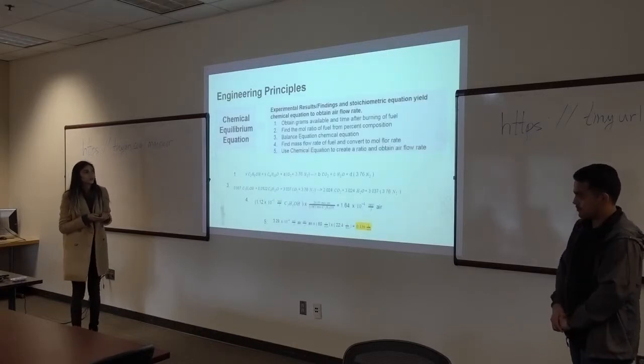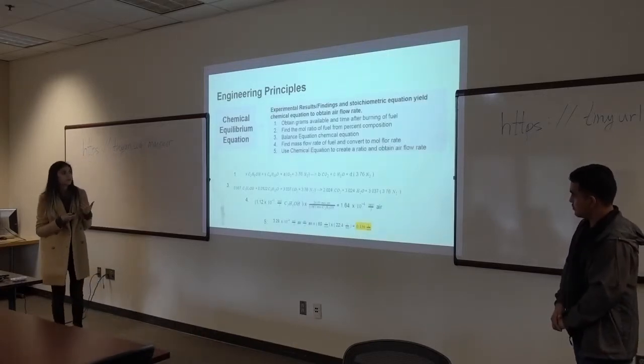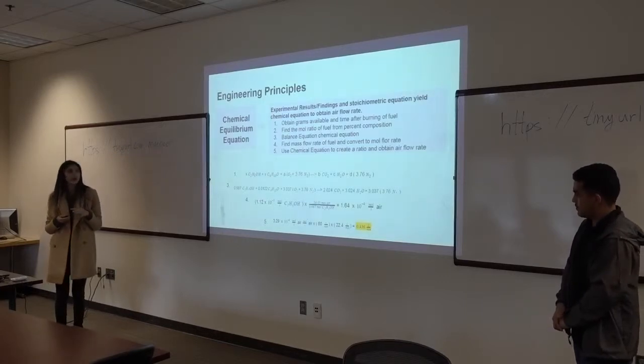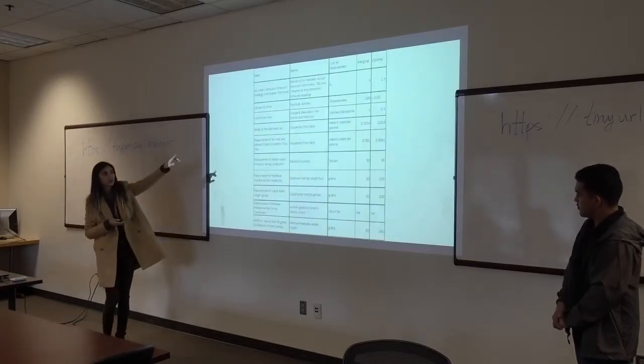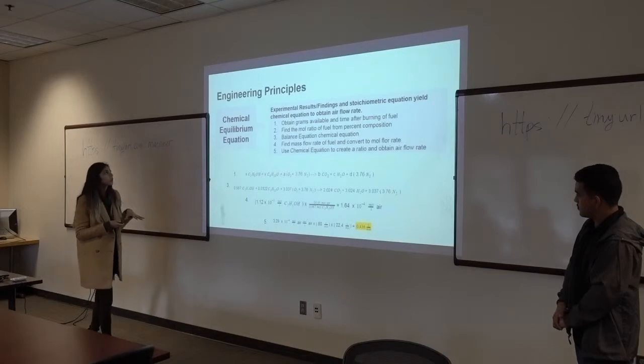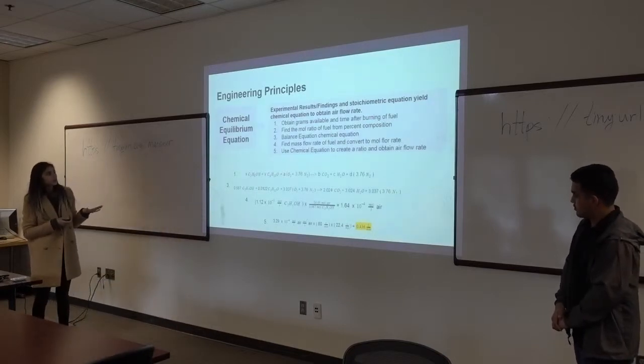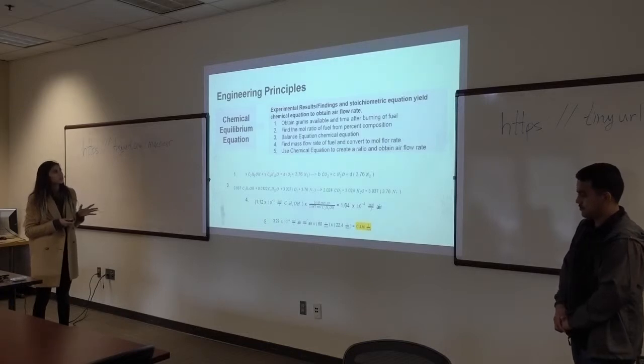And so with that in mind, we have some of the engineering principles that we implemented in order to get these marginal values. The first engineering principle that we implemented was the chemical equilibrium equations.